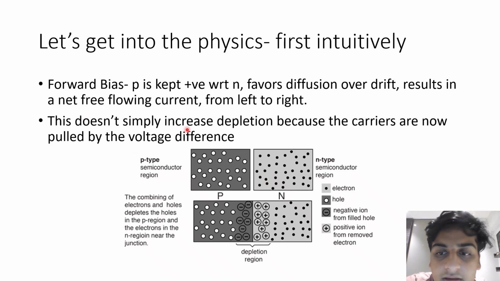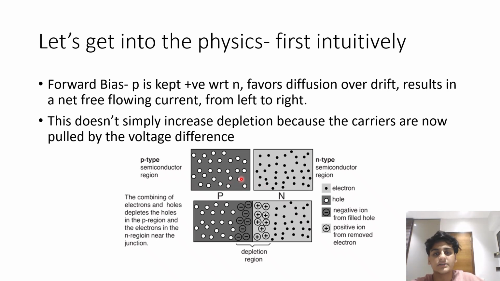But now the carriers are, because of this voltage difference, pulled away and you have this circuit that is there to complete. So if this hole diffuses from left to right, because of this voltage difference, more carriers are going to be pulled here to replace those holes.